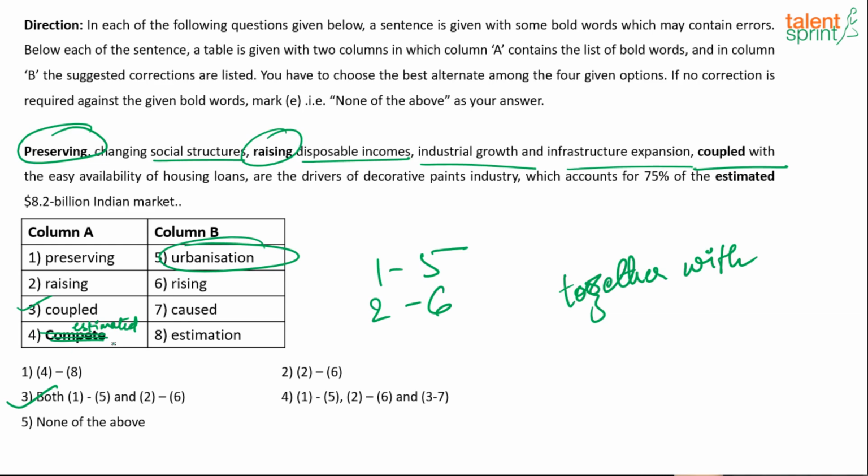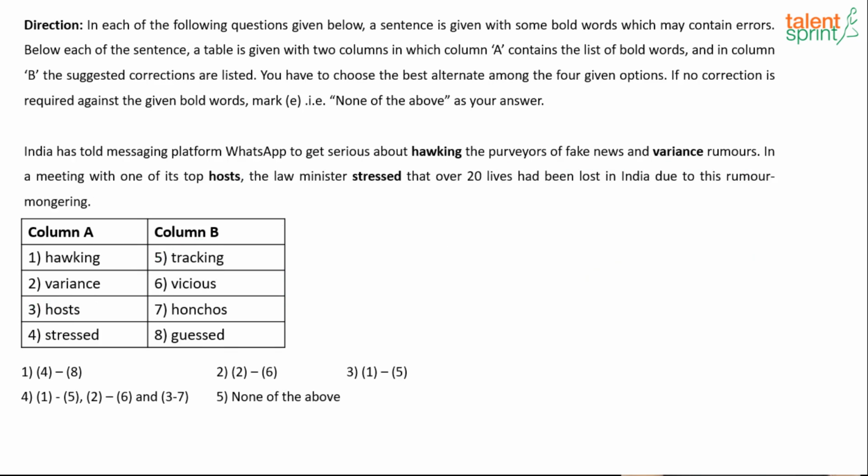Fourth, there was an error over here. Estimated was the word. So like I said, on the column A side, you have words that are already over here, and this side is the words that you need to improve. If any improvement required, you will look at these words. All right. Next question. I think 1 and 4.